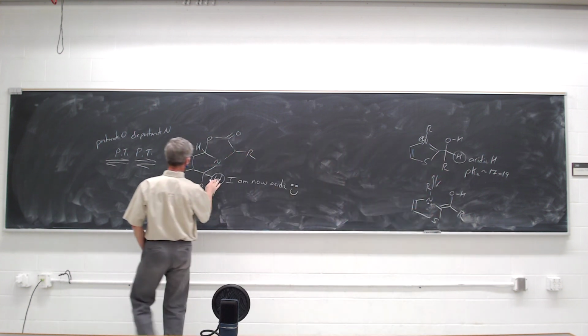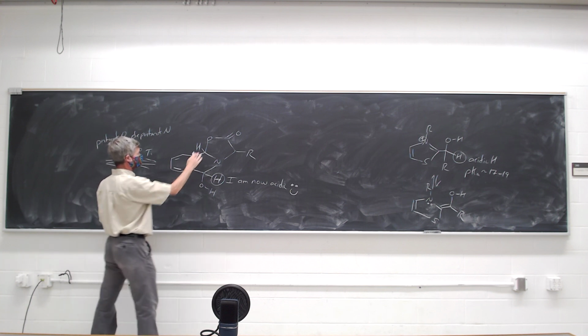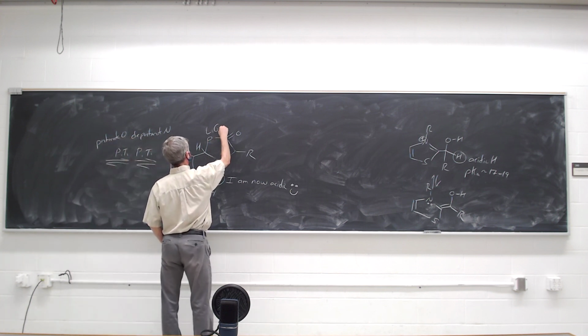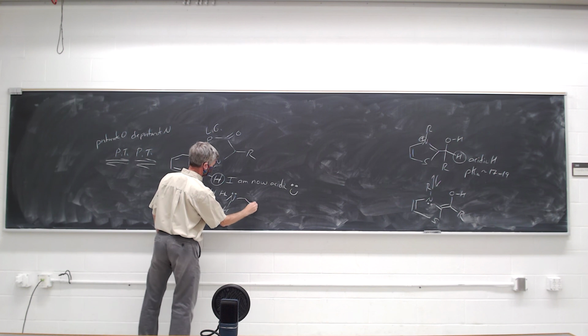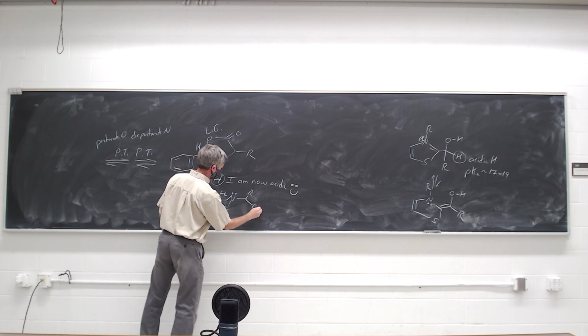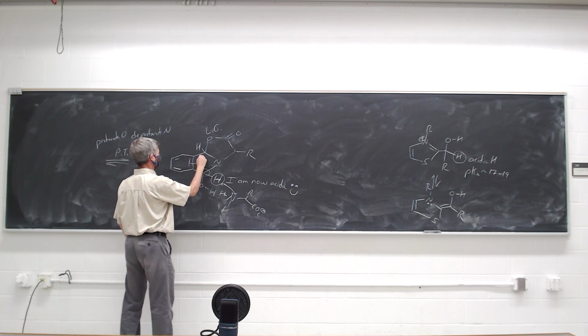We can do the same thing. This hydrogen is now adjacent to this pi bond, and we've got a great leaving group here. So we can take that hydrogen off with our free amine, and push these electrons through like this.